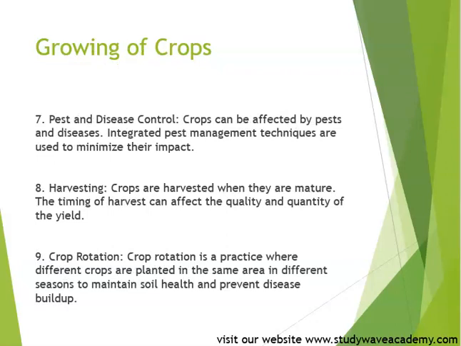Pest and disease control. Crops can be affected by pests and diseases. Integrated pest management techniques are used to minimize their impact. Harvesting. Crops are harvested when they are mature. The timing of harvest can affect the quality and the quantity of the yield.